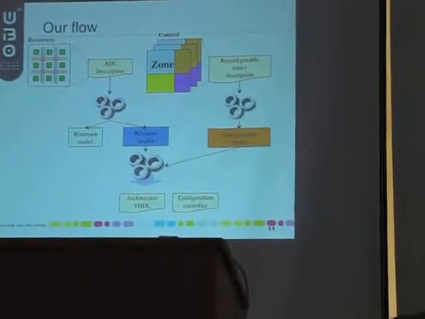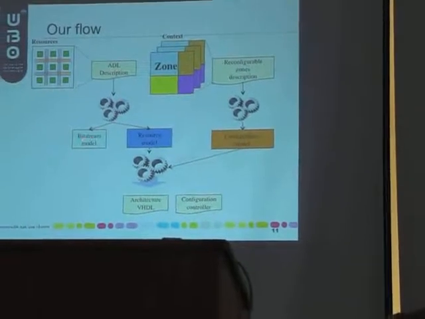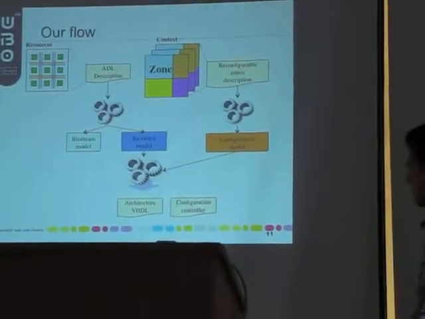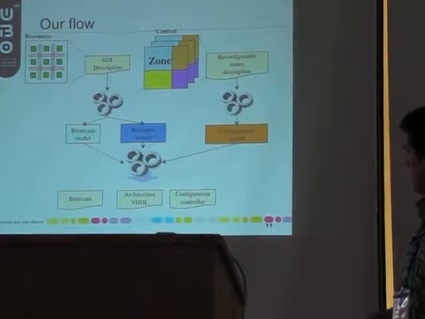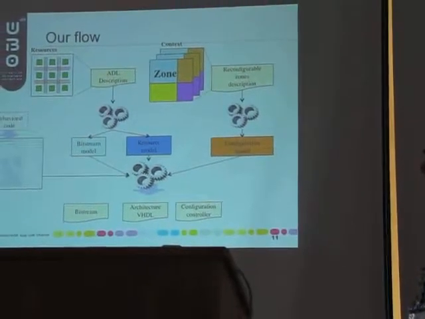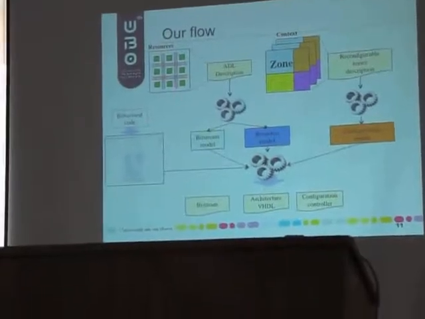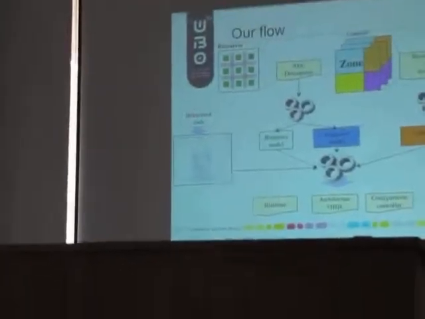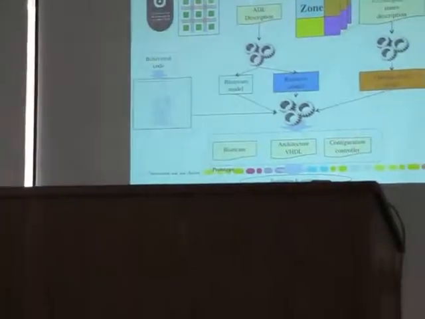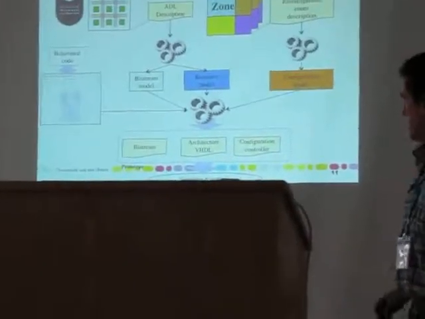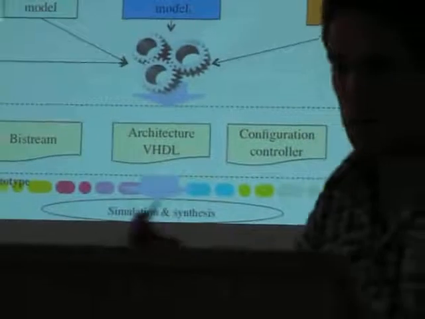And I have my binary description. And after that, well, I can program my hardware with my application, which is a SQL. And of course, here we have simulation capabilities, debug capabilities, that kind of thing.